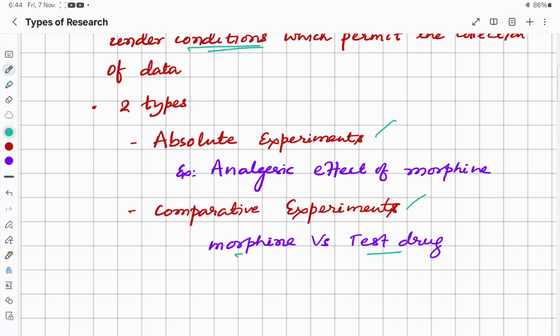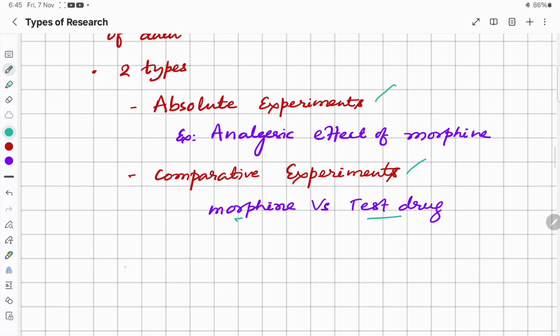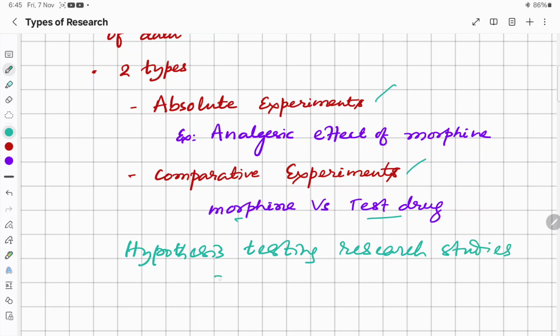Often we undertake comparative experiments, and for that we need to do the design of experiments. These experimental studies are also known as hypothesis testing research studies.